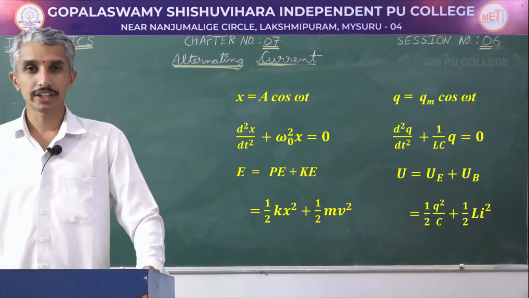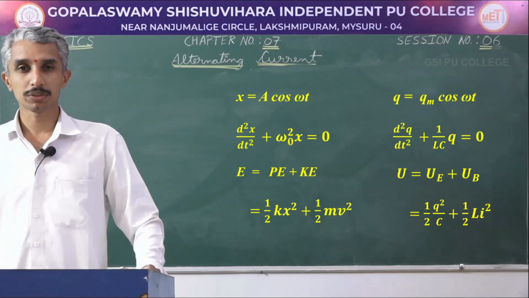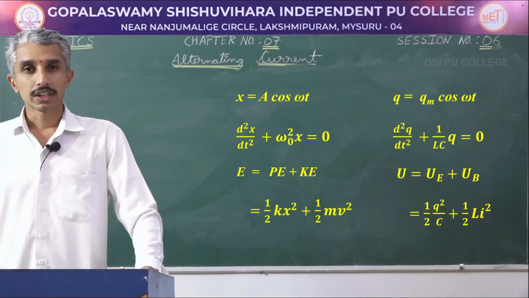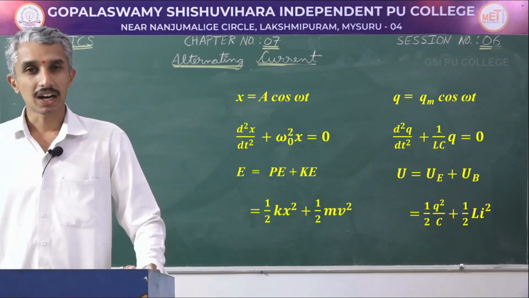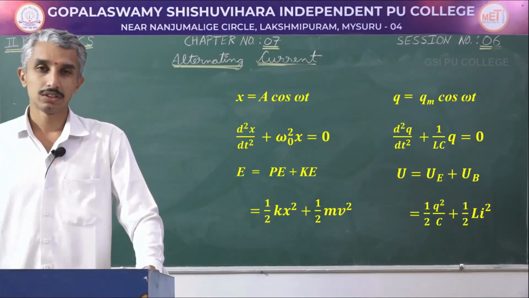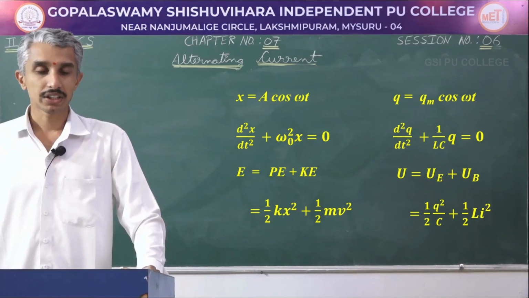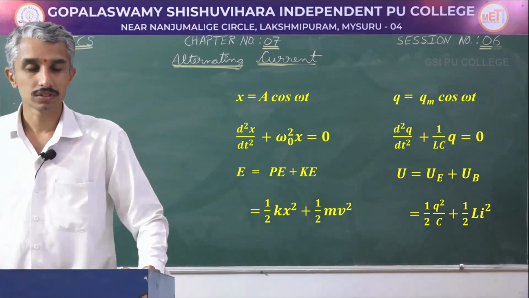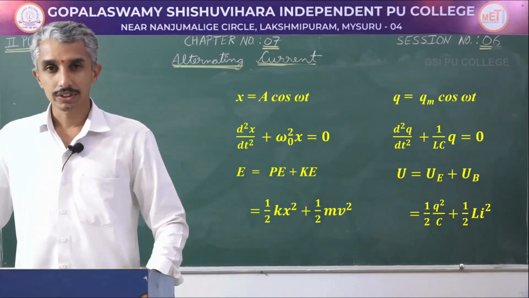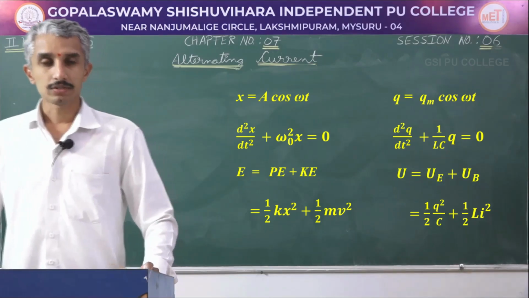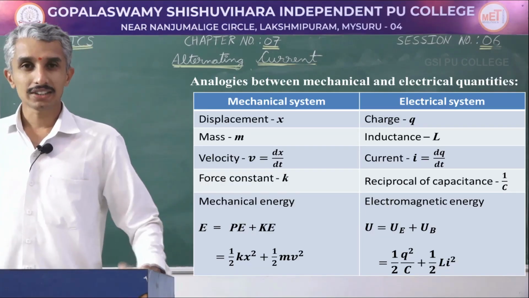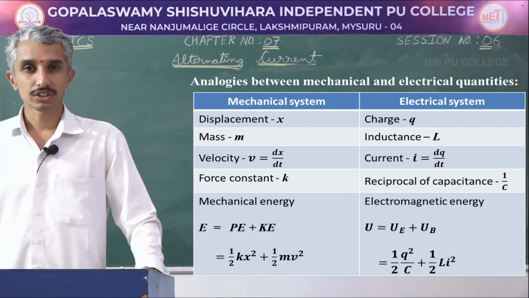Similarly, the energy possessed in electrical oscillations is given by the sum of the electrical energy and magnetic energy, where the electrical energy is given by half q square by c and the magnetic energy is given by half Li square.